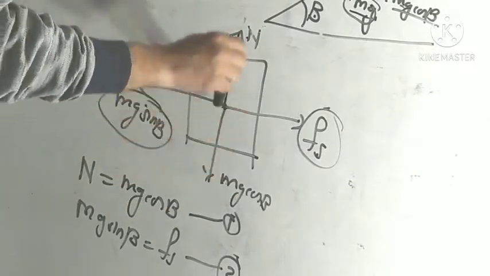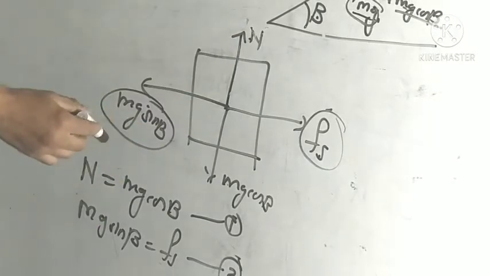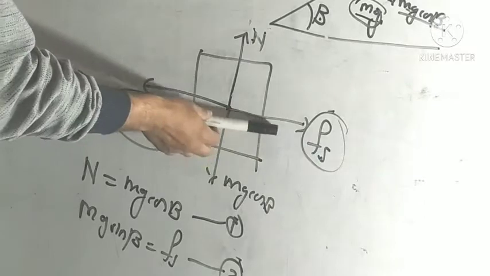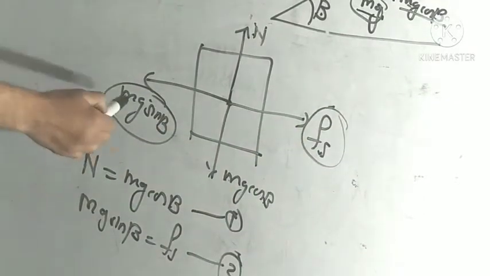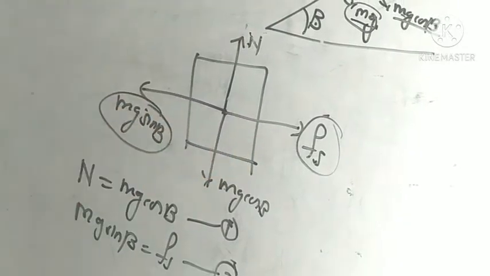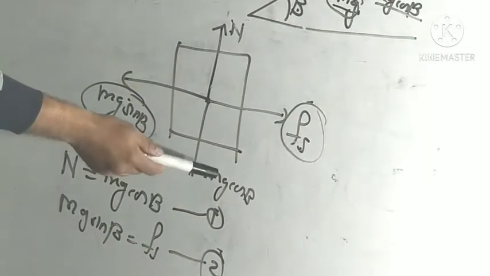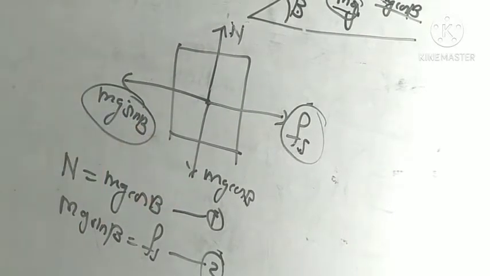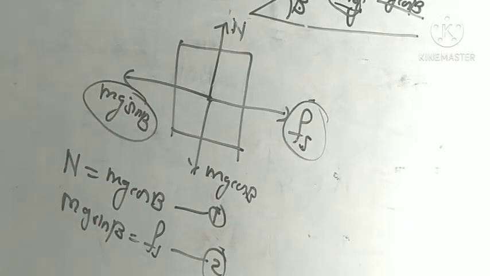Mg cos beta works vertically downward, normal force works vertically upward, mg sin beta works on the left hand side, and frictional force on the right hand side. The normal force and the weight component have equal magnitude but opposite direction, so both balance each other.